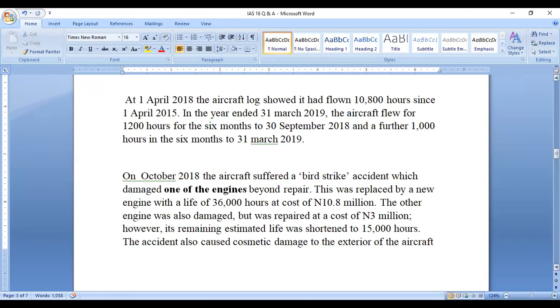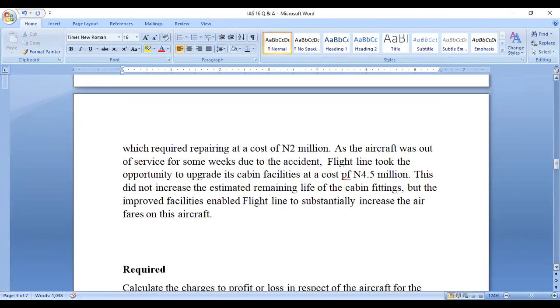Let's check. They said the accident also caused cosmetic damage to the exterior of the aircraft, which required repairing at a cost of 2 million. We had recognized this repair cost of 2 million already.